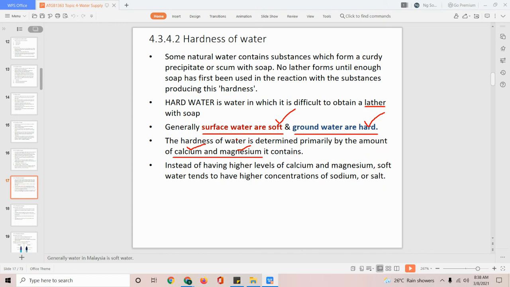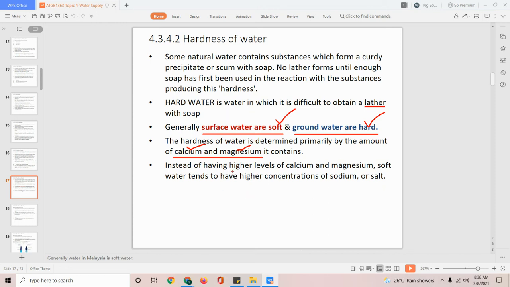This is because we get most of our water from the river or from the dam. There's a dam in different states. Not every state will have a dam, but usually if we get our water supply from a dam, then the water being supplied to us is soft water.